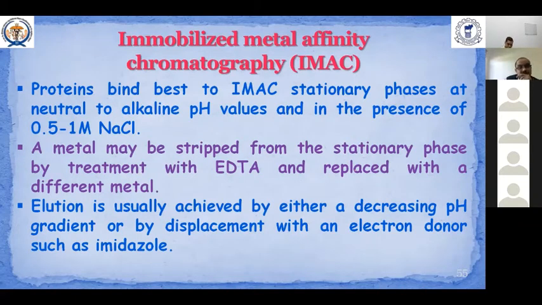After loading the sample, the elution is usually achieved by either decreasing the pH or the gradient, or by displacement with electron donors such as imidazole.